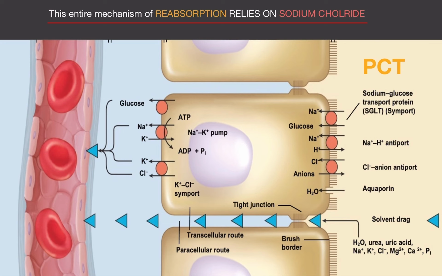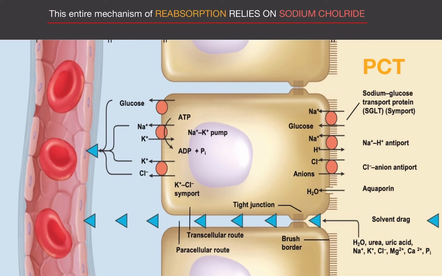Because sodium chloride generates this osmotic gradient as well as electrical gradient around the nephron. And this is what pushes ions to one side. This is what causes reabsorption to happen. This causes secretion to happen. This causes a bunch of stuff to happen. And it's all because of sodium chloride.